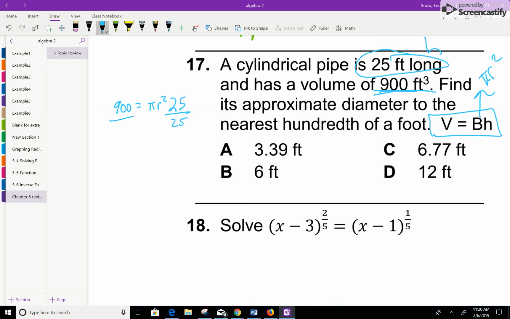So we're going to have 900 equals our base, which is pi r squared, times our height, which is 25. So we're going to divide both sides by 25. And you will be using a calculator. Sorry, I'm doing it over here on the side. So we get 36 equals pi r squared. We divide by pi.